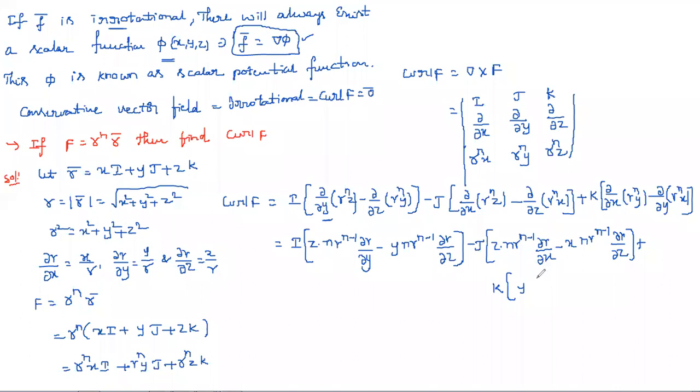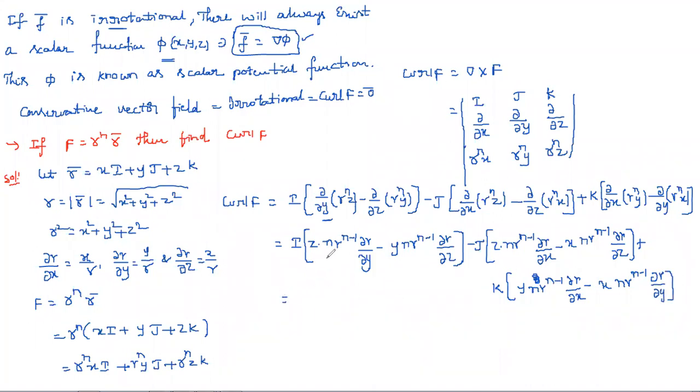So y is a constant, n r^(n-1), and the r derivative is ∂r/∂x. And next, minus x into n r^(n-1), and here ∂r/∂y.